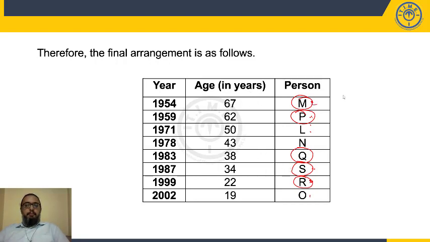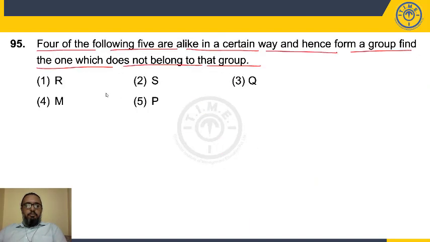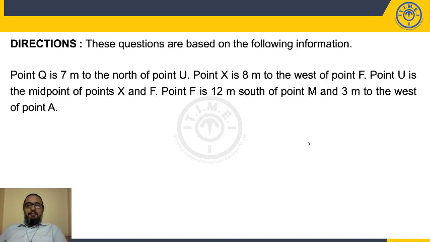So M is the odd one out. Why? Except M, all the remaining have an even number age. M has an odd number age. So M is the odd one out. Fourth option. Choice 4. So these are the questions you have in this set. Next.